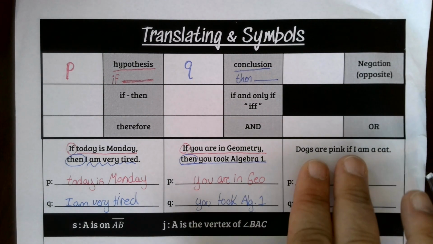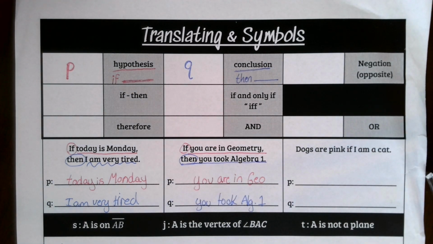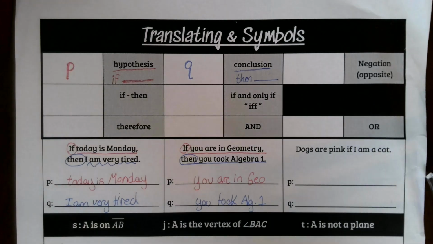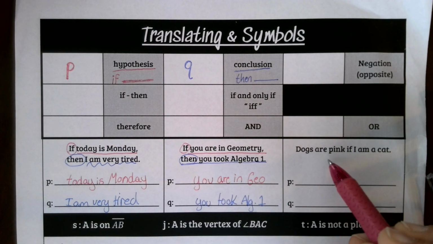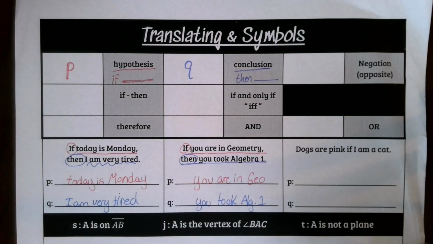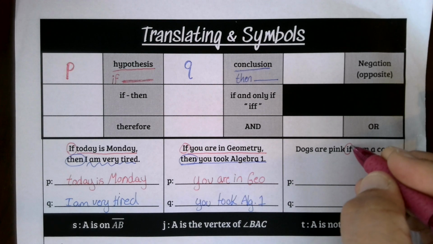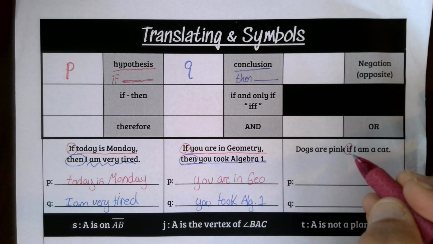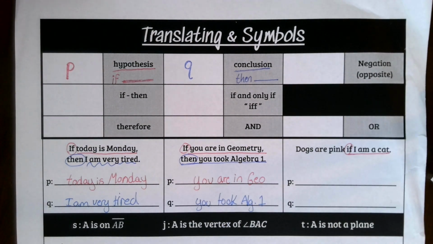Okay, this one, however, is a little more complicated because it doesn't have the same order. In English, we like to move things around, right? So let's take this one at a time. Dogs are pink if I'm a cat. See how they threw that if in the middle? It doesn't matter that it's at the end this time. If doesn't have to be at the beginning. It usually is, though. Whatever that condition at the beginning is, all right, we're looking for a condition and a result.